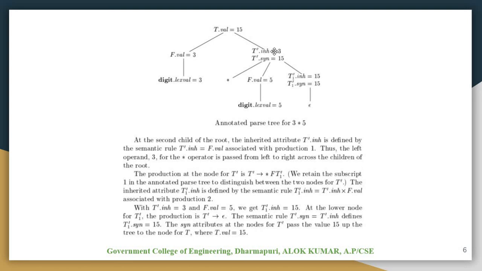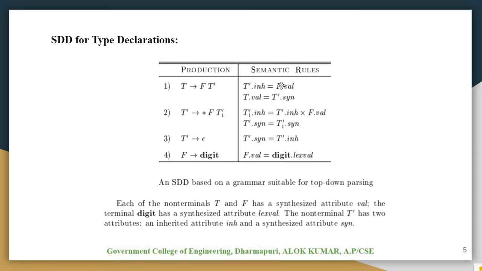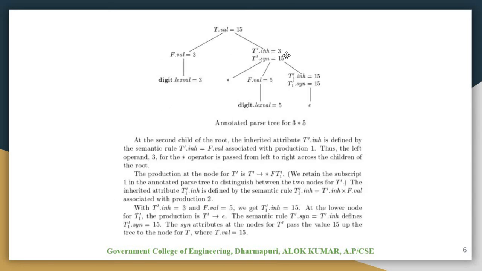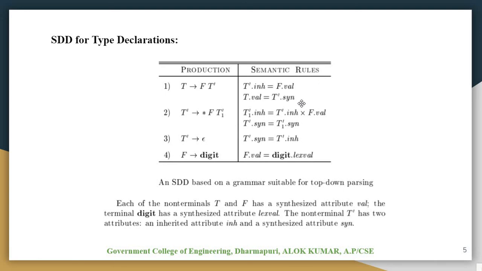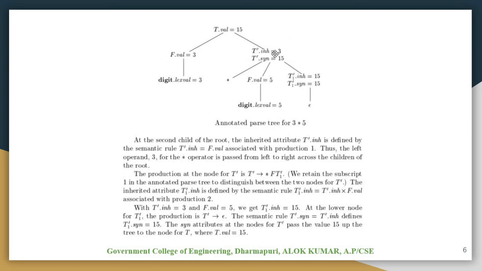T'.inh will be the value of F.val, so this will be 3. After that we find the value of this T'.inh: it is T'.inh times F.val, that is 3 times 5, which becomes 15.